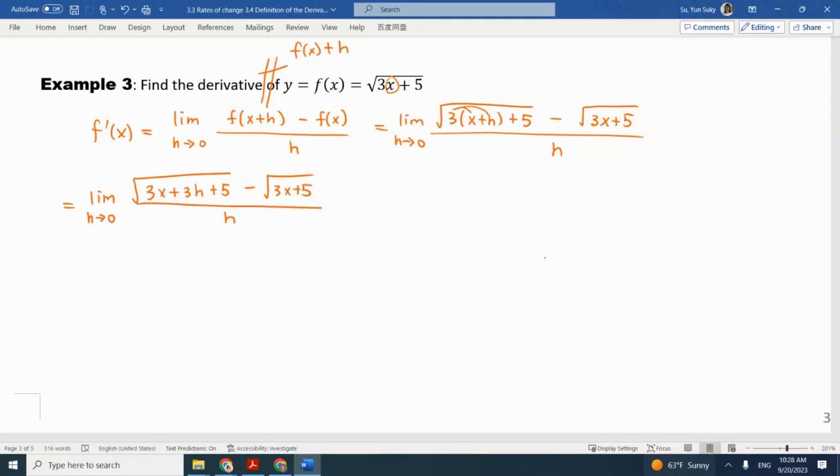So in this expression, h is like the variable and x is just like a constant. Is that okay, everybody? As the limit h goes to 0, h is changing. The x remains the same. It's like a fixed number. Okay, if you see a difference of square roots, what do you do?